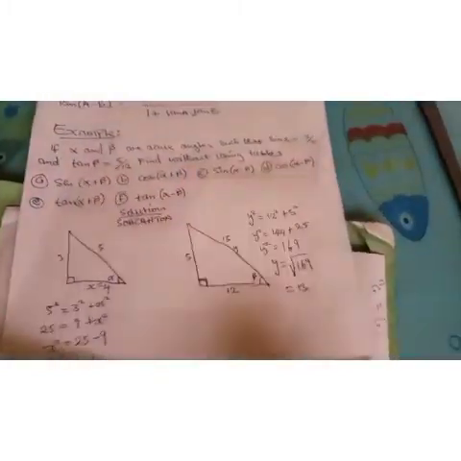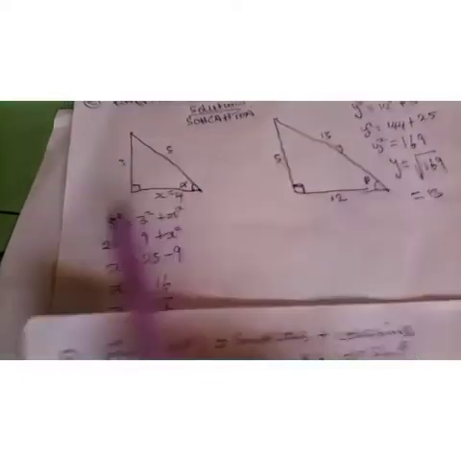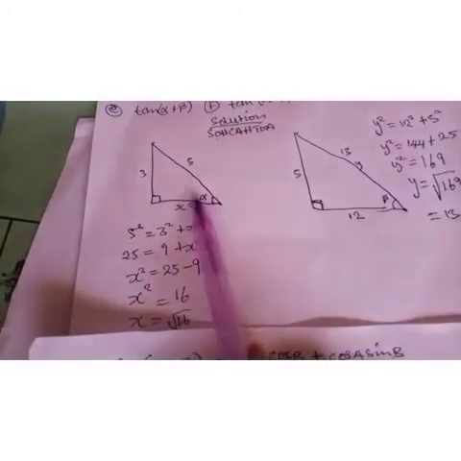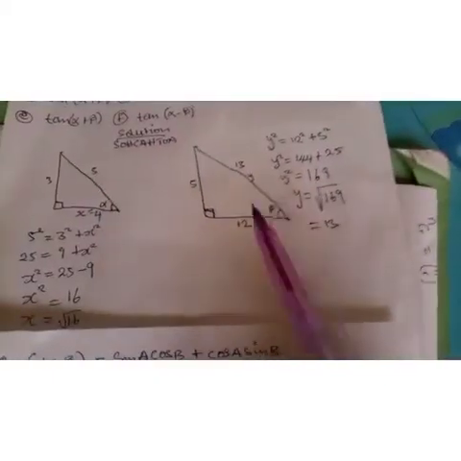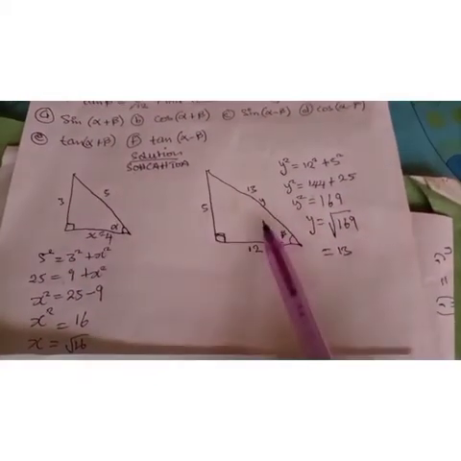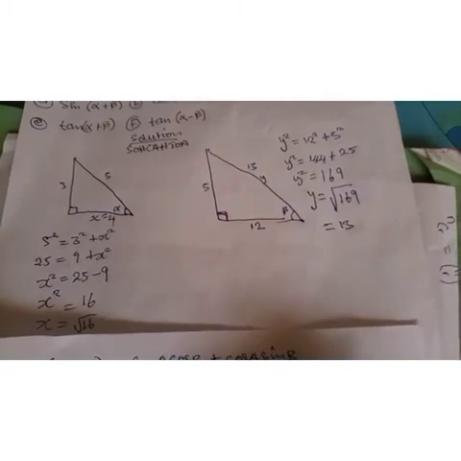Plus cos alpha, which will be adjacent over hypotenuse, that is 4 over 5, times sine beta. Sine beta is opposite over hypotenuse, that is 5 over 13.